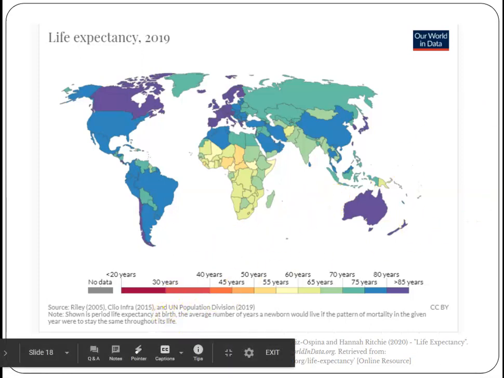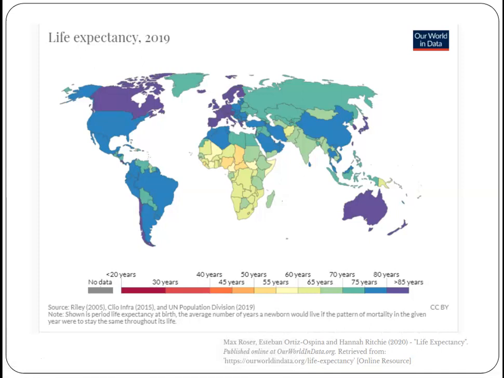The note on the bottom says this is the average number of years a newborn would live if the pattern were to stay the same throughout its life. And this is a very common critique we hear, when you hear those urban legends like, oh well, if we were still in George Washington's time, you'd all be dead at 30. And someone's like, that's not true. Plenty of people lived past 30 in George Washington's time.